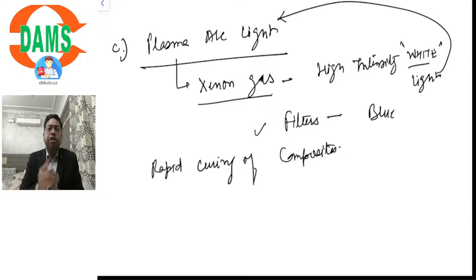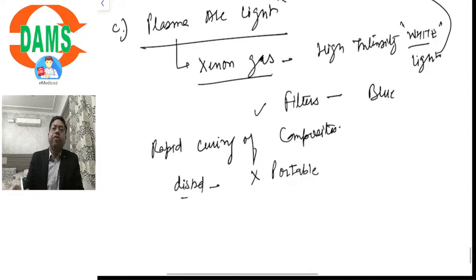We require gradual curing of composites, which is more desirable clinically as compared to rapid curing. Another disadvantage I would say for these lights is they are not portable. Because they are not battery operated, they are not portable.